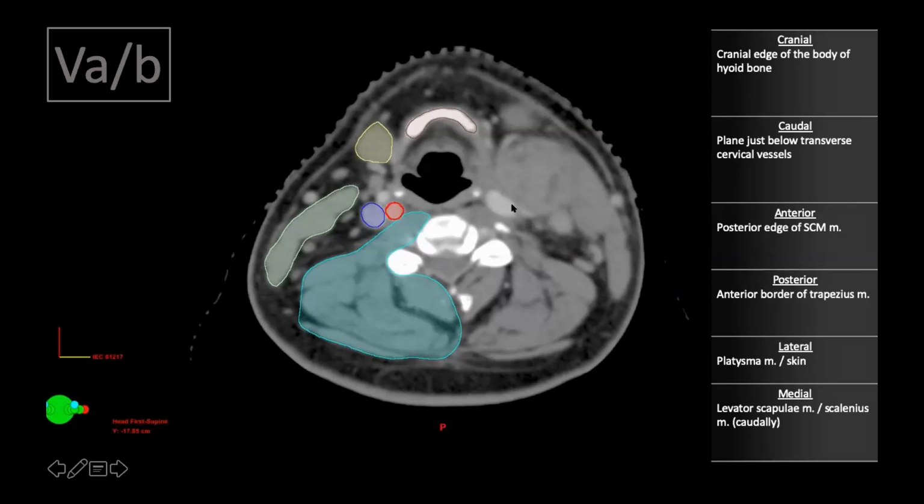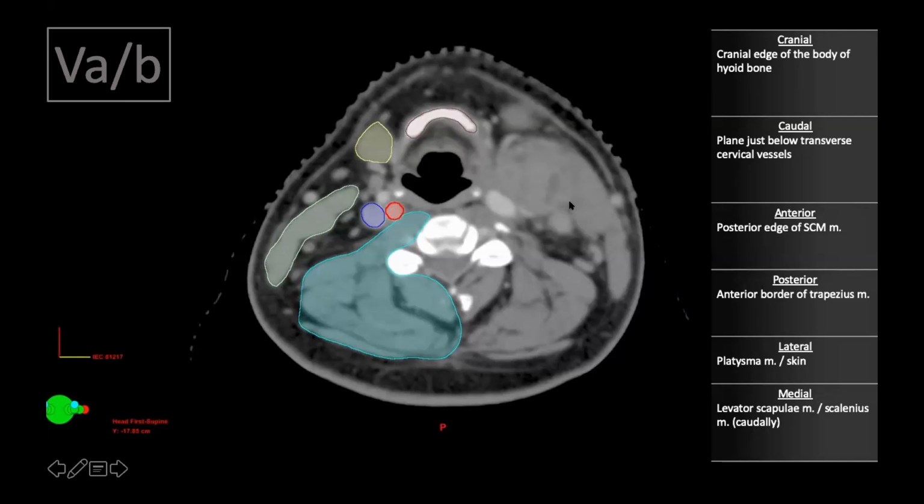But when I'm contouring this node here, which I know has obvious perinodal infiltration, it is going into the sternocleidomastoid. Then when I contour this node with perinodal extension, I'll give a margin of 1 to 2 centimeters, definitely more than 1 centimeter always. So give a margin of 1 centimeter and let it go into your normal structures which have been invaded. Like in this case, if I give a margin, you'll have a volume like this.